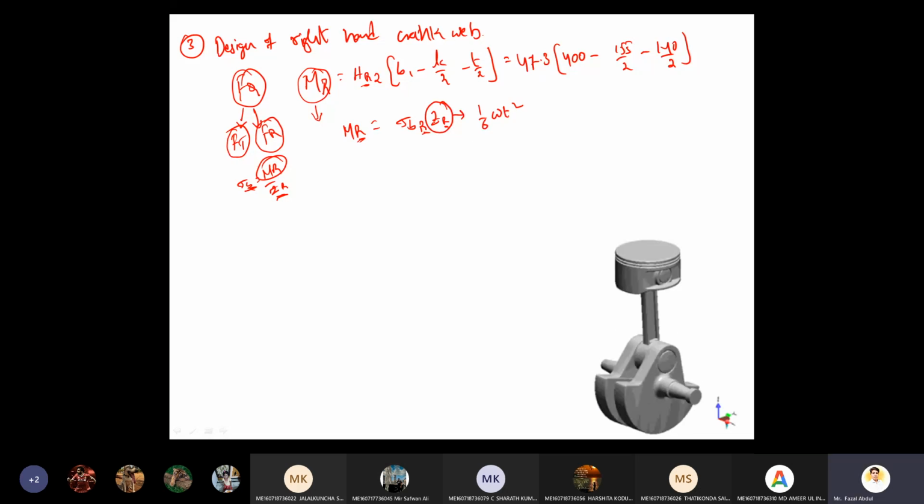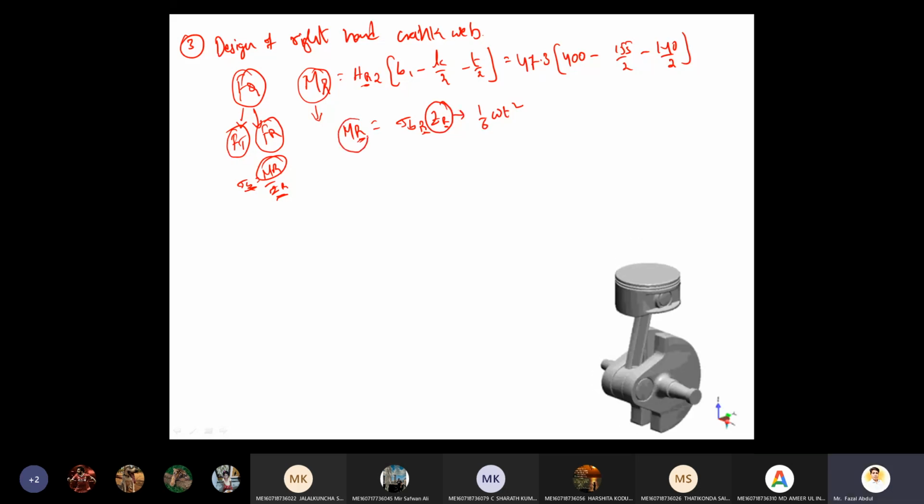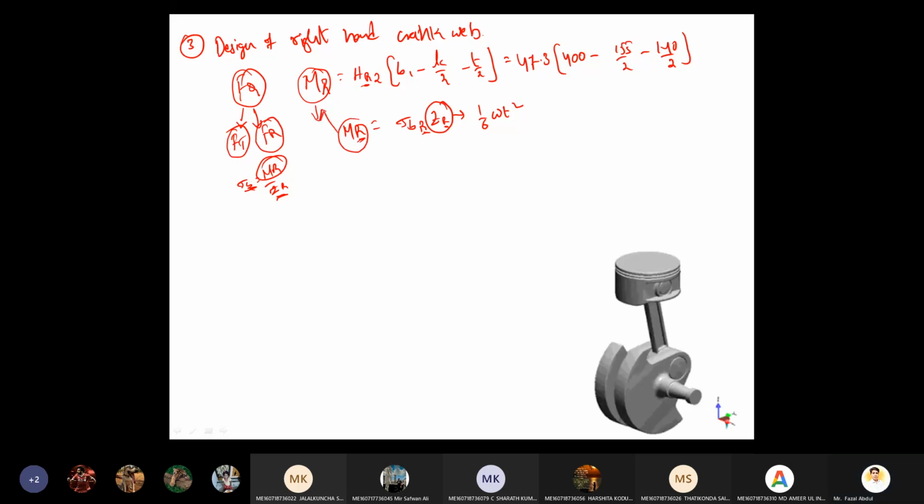And sigma b value, how much? We don't know this one, and we calculated MR just now from this relation. So first tell me this value.